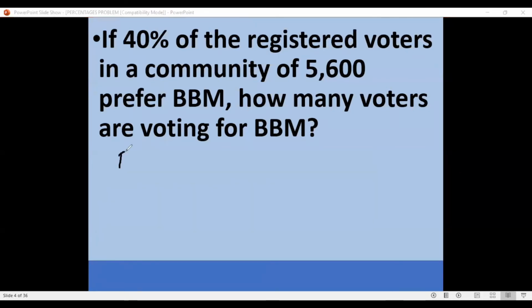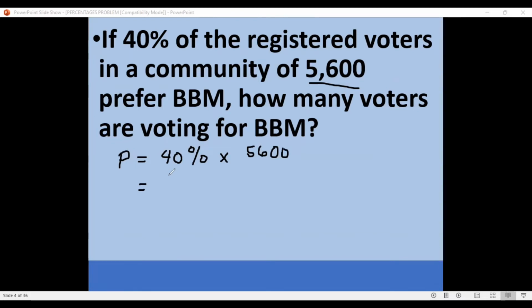We simply have the percentage is equivalent to the 40%. We have again the 40%, and we are multiplying that with the total voters in the community, which is 5,600. Now, what are we going to do?